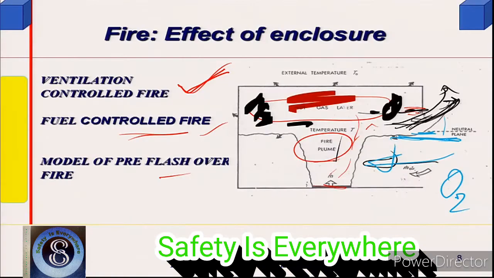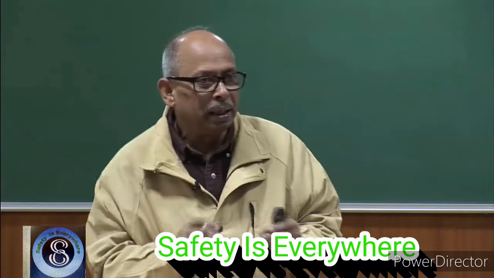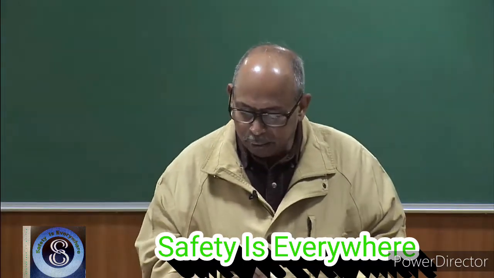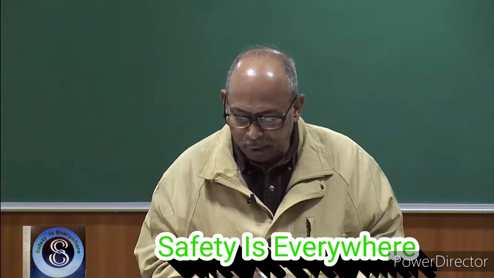The plane below which oxygen comes and above which the hot gases go out, we call it neutral plane, because nothing is going out, nothing is coming in there, the pressure must be 0. So, that is a neutral plane, pressure inside and outside must be 0. So, that is actually the behavior of the fire.